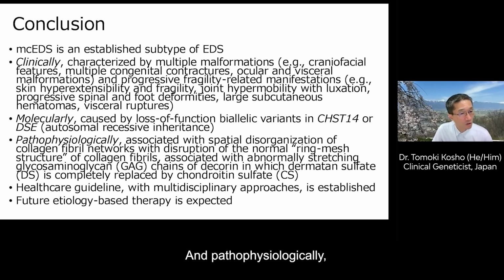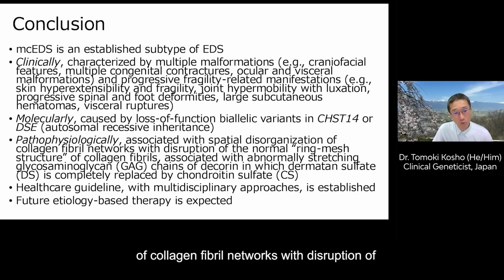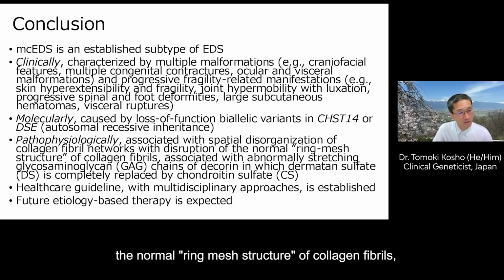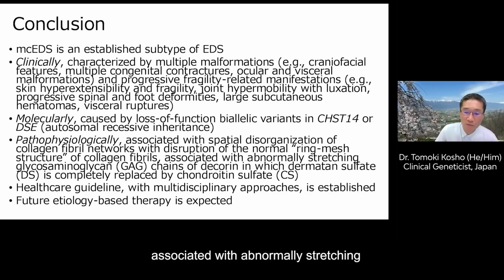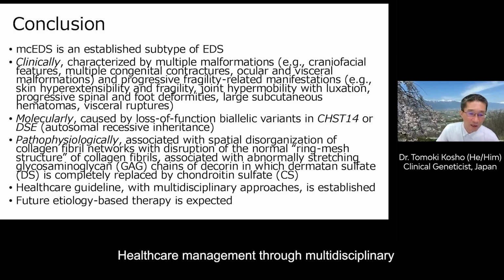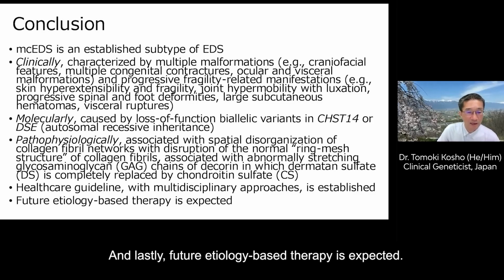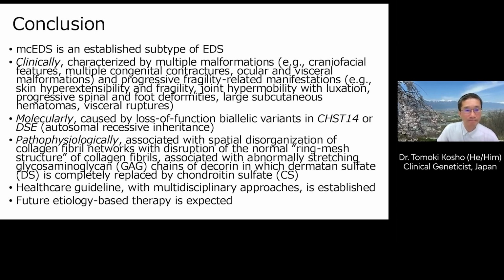And pathophysiologically, the disorder is associated with a spatial disorganization of collagen fibril networks with disruption of the normal ring mesh structure of collagen fibrils, associated with abnormally stretching GAG chains of decorin in which dermatan sulfate is completely replaced by chondroitin sulfate. And healthcare management through multidisciplinary approaches is recommended. And lastly, future fragility-based therapy is expected.